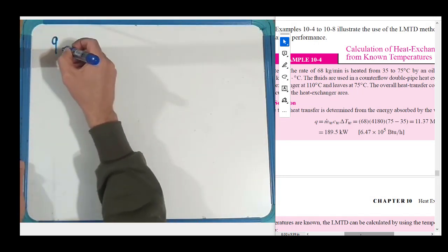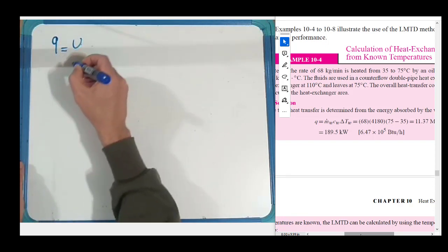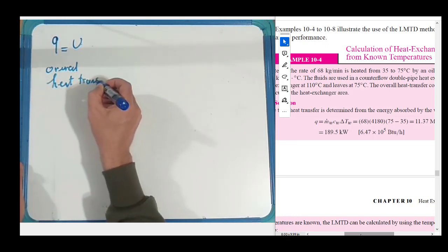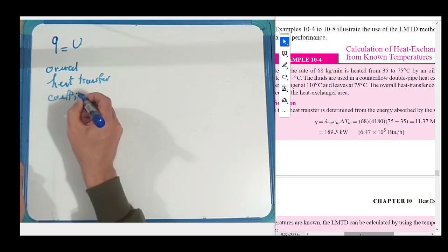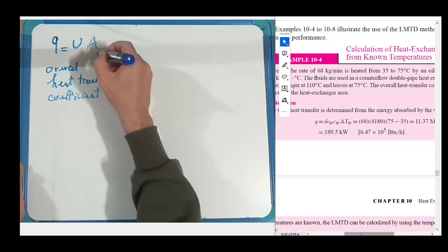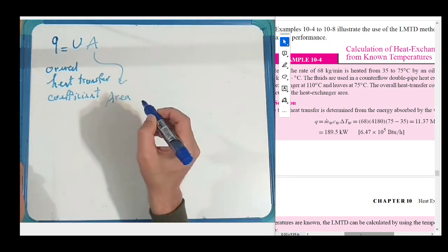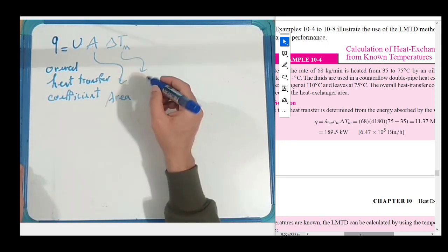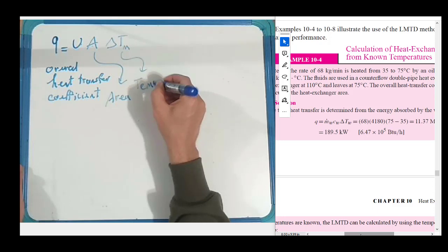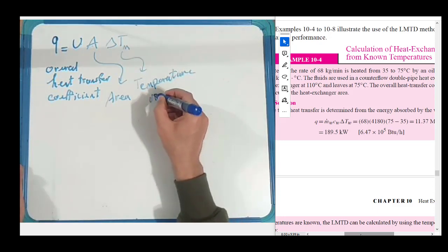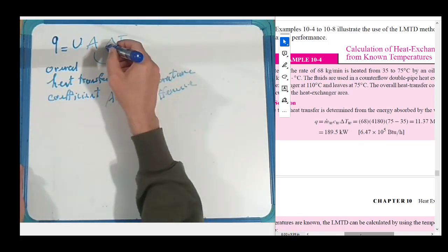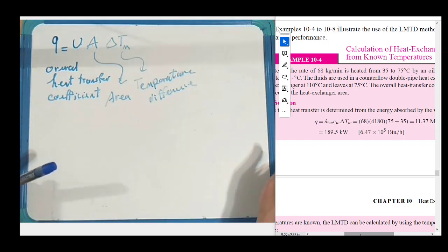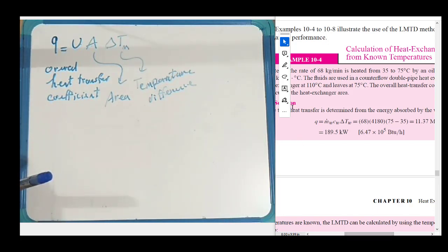We have this formula: Q equals U, which is the overall heat transfer coefficient, times A, which is area, and delta T m, the temperature difference, which has a formula that we calculated before in example 10.4. You can refer to that example and see what happened there.